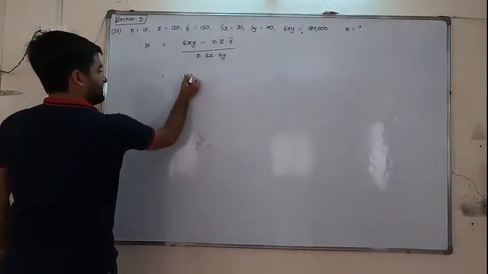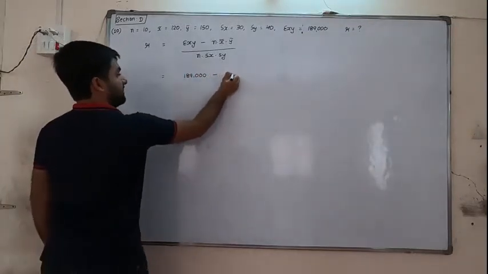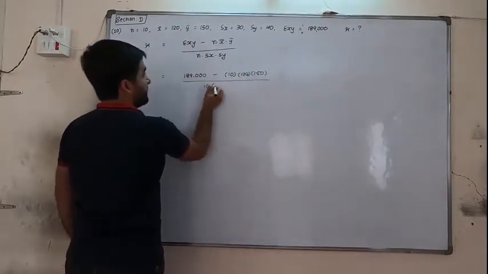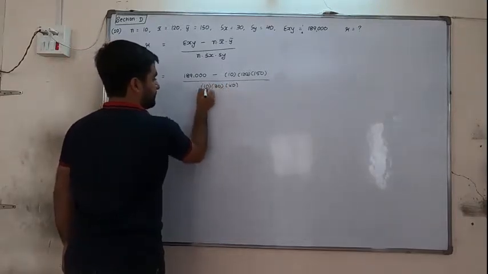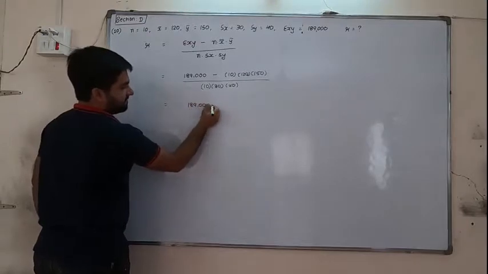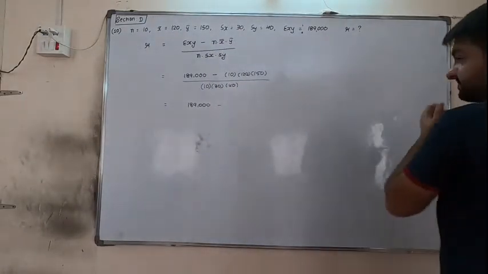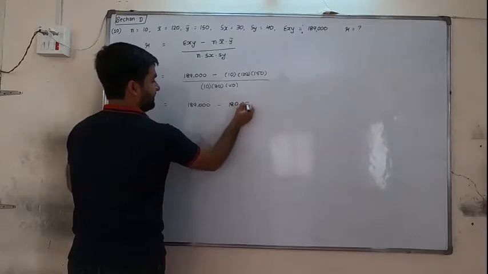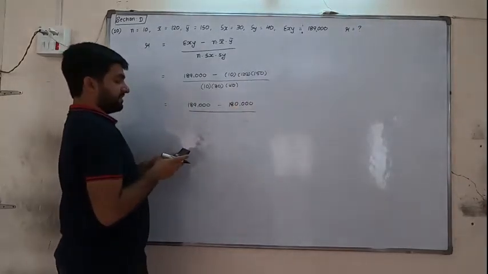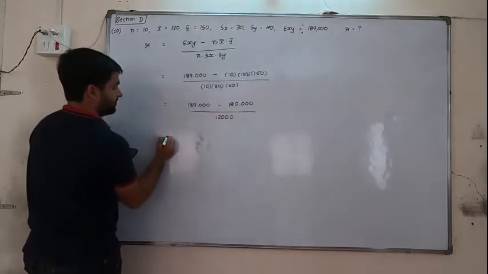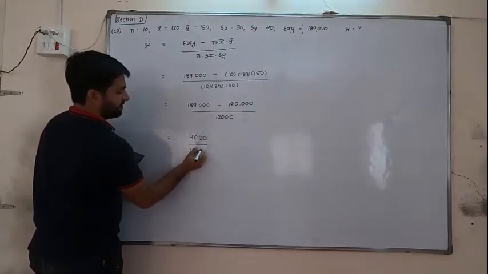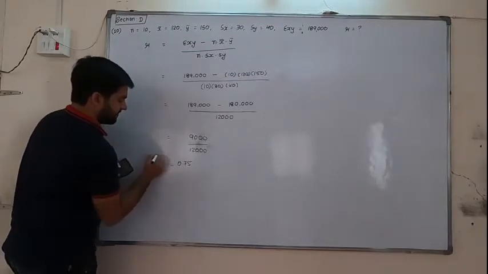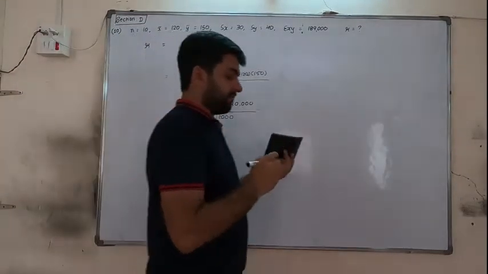So 1,89,000 minus 10 into 120 into 150, divided by 10 into 30 into 40. 1,89,000 minus 10 into 120 into 150, which is 1,80,000, upon 10 into 30 into 40, which is 12,000. 9,000 upon 12,000, answer 0.75. So r is 0.75.